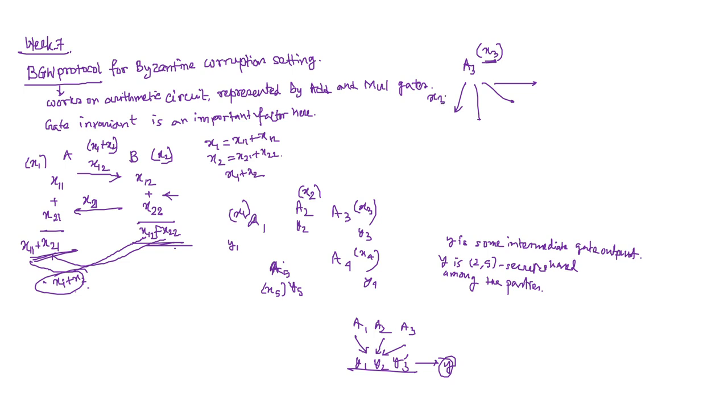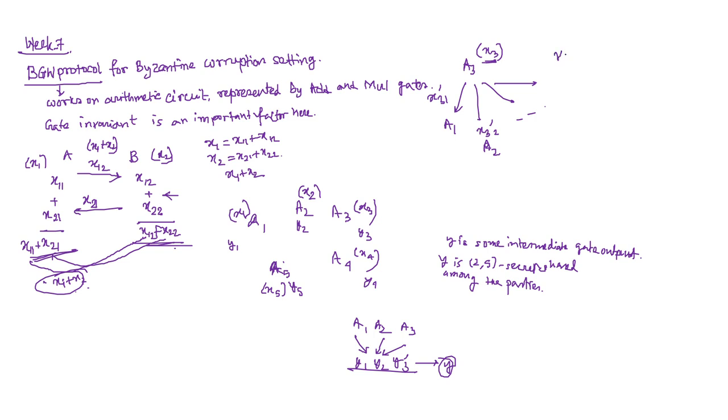So instead of x31, it gives x31 dash to A1, it gives x32 dash to A2, and so on. So every party will receive some random values which have nothing to do with the actual value of x3. Then the whole computation will go wrong.